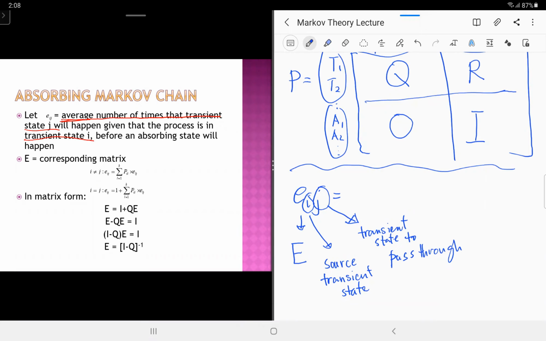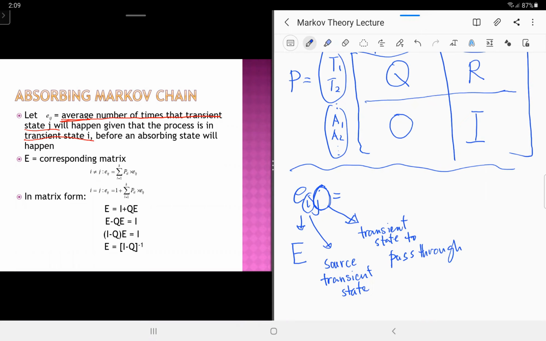So E_ij measures the number of times the process will pass through j coming from i before it gets absorbed. Later on we'll have an example for you to understand the difference between E_ij, and then the next one will be D_i, and then we will have A_ij.